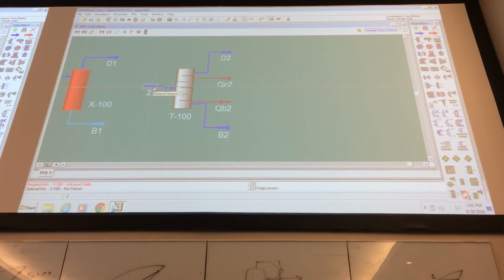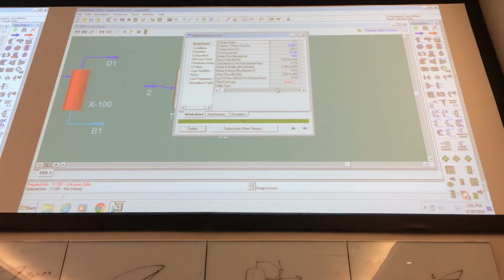Okay, let's go on to full column. Again, change those names, those streams, please. And if you run into problems that you just can't figure out how to fix, start over. Okay. I know that's not necessarily something you probably want to hear, but unfortunately, that's what you have to do sometimes with HYSYS. Actually, some person was in my office working with HYSYS.